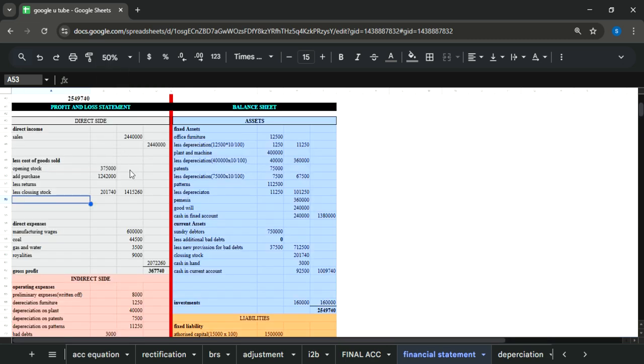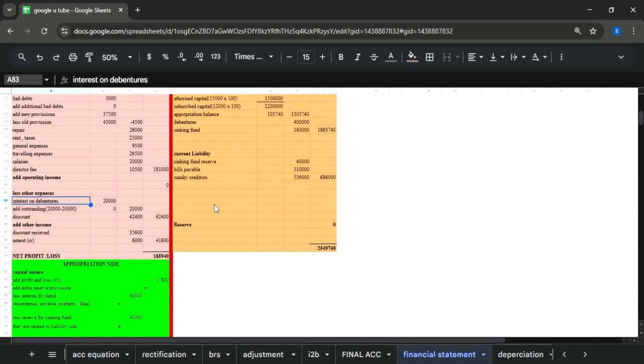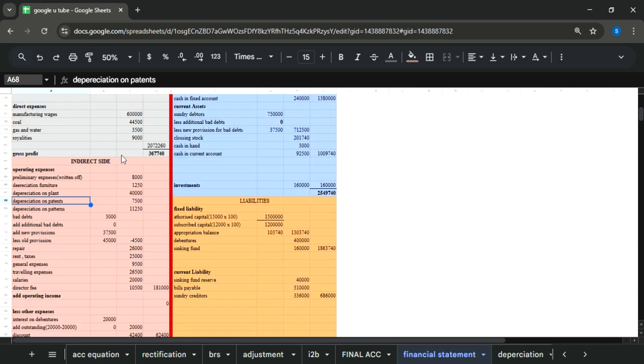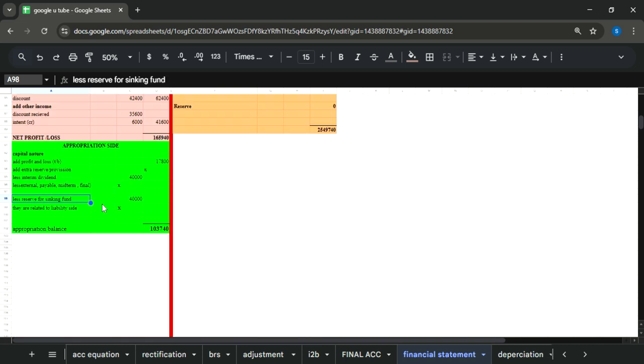Now I will let you know what we have done. Look here, plenty of amounts, several amounts on the direct side, asset side. There are so many amounts. So it was a good learning day and a very good moment for you to celebrate that we have completed a question with almost hundreds of amounts to be written. There were three sides on the left. Gross profit was calculated, on the indirect side net profit was calculated, on the appropriation side the appropriation balance was calculated.